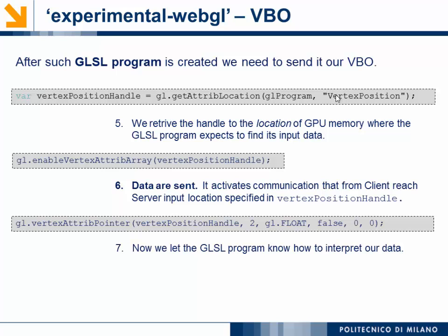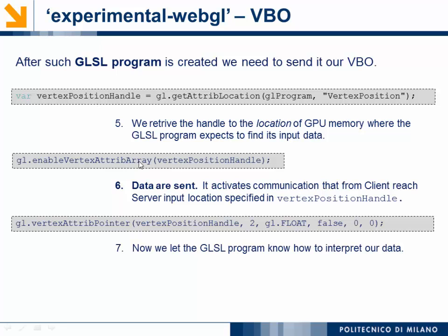So we can collect the handle to the point of memory where our program expects to find the data we send it, and we store this new handle in vertex position handle. This is the position in memory where we have to send the vertex data in order for the GLSL program to find it and use it.